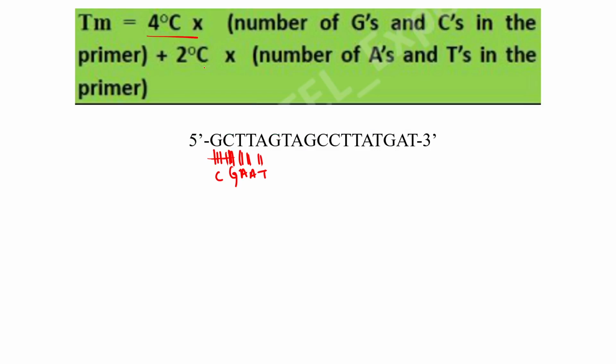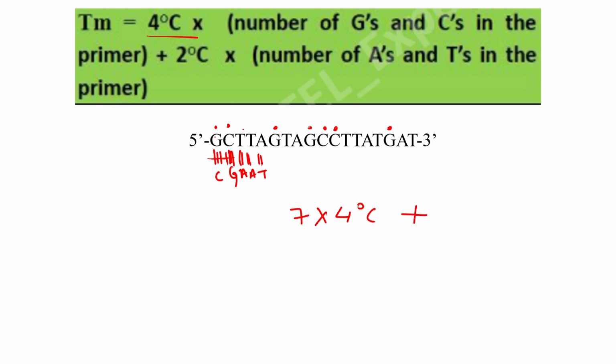We'll count the number of G's and C's first. So I'll just put a dot here, 1, 2, 3, 4, 5, 6, 7. We have 7 G's and C's in the primer, so that means 7 into 4 degrees Celsius plus, now we have to see the number of A's and T's.